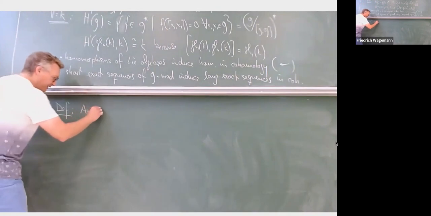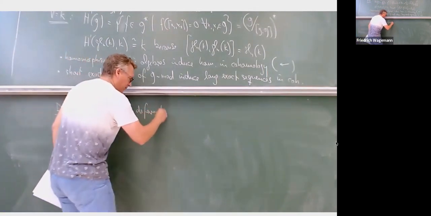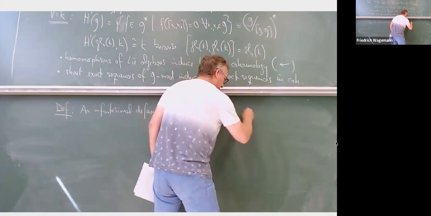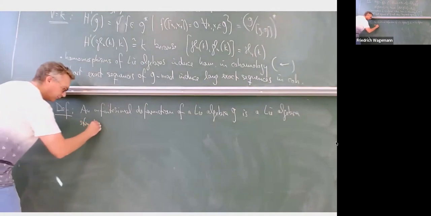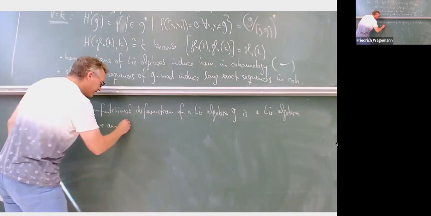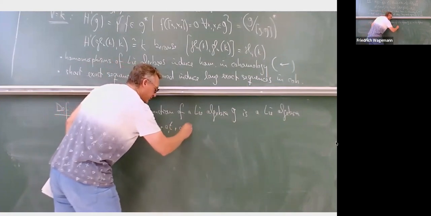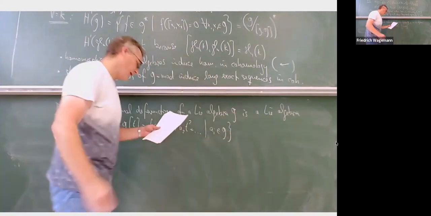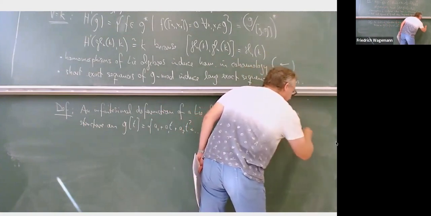An infinitesimal deformation of the Lie algebra G is a Lie algebra structure on G[t], given by a_0 plus a_1 t plus a_2 t squared, a polynomial, up to order 1 in t.